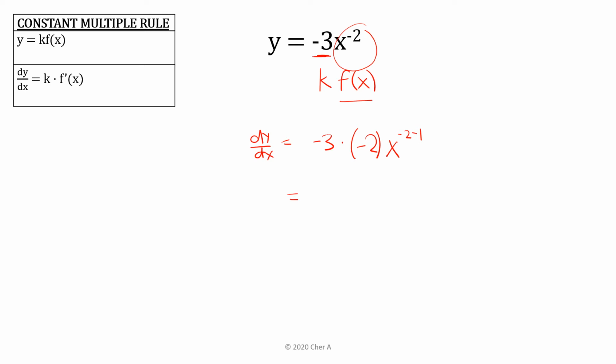So to simplify this, we have negative 3 times negative 2, which gives us positive 6. x, new power will be minus 2 minus 1, which gives us negative 3. To make it look prettier, we have 6 over x to the power of 3. So remember I mentioned just now, when we have a negative power, to make this positive, we bring it down to the denominator and it will become a positive 3.